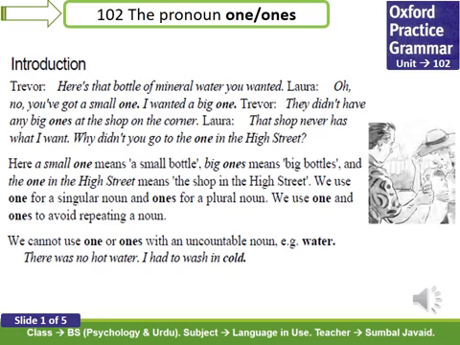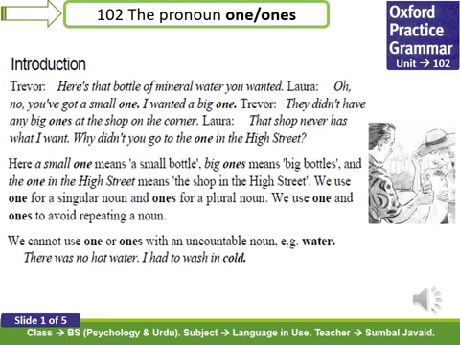Kindly open your unit number 102, and the name of the unit is the pronouns one and ones, from Oxford Practice Grammar. As all of you know, we are doing the unit about pronouns.